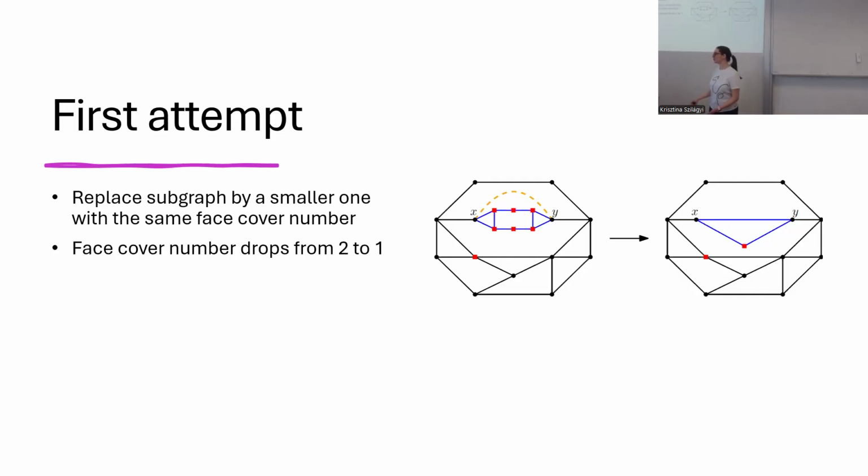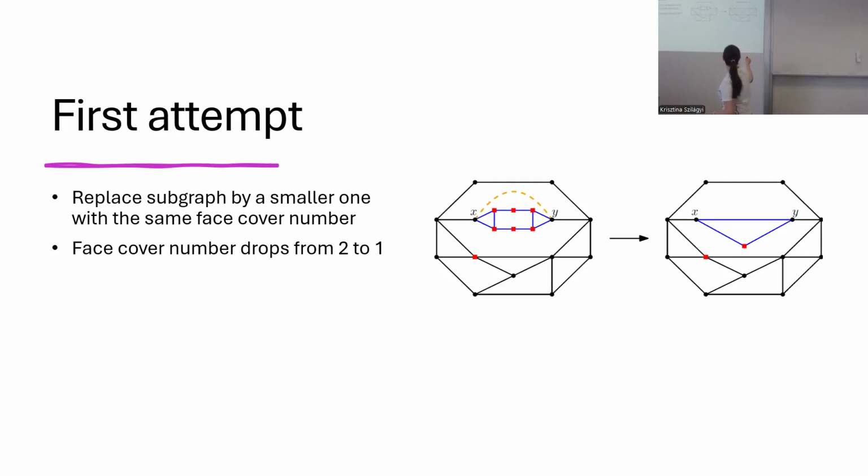So this is something that we don't want. Even though we preserved the face cover number of the smaller graph, after the replacement the whole instance ended up having a smaller face cover number. The problem is that although these two graphs have the same face cover number, the difference is which faces are used in the face cover. Here, the face that is used is this internal face, and there is no face cover of size 1 that uses just an external face.